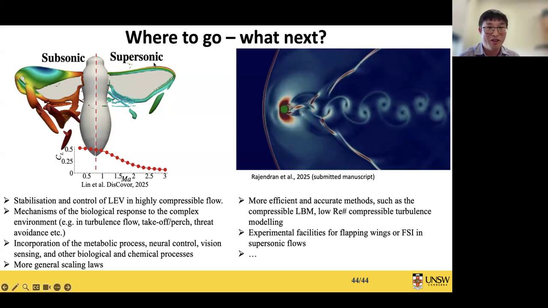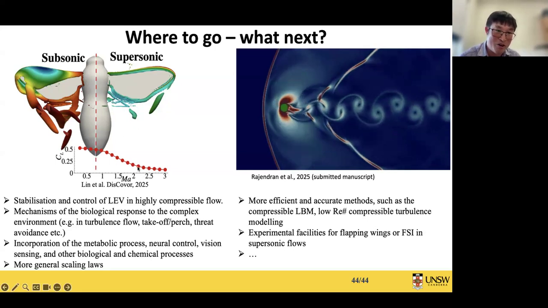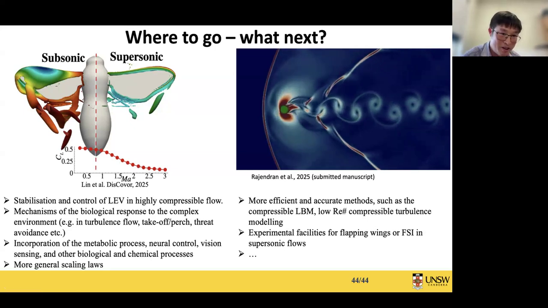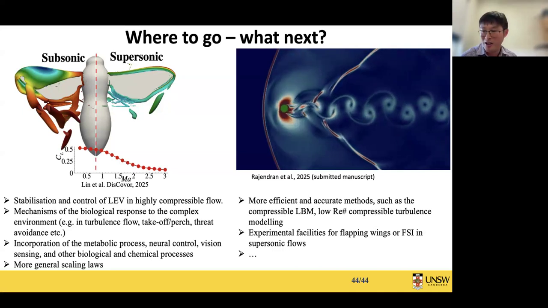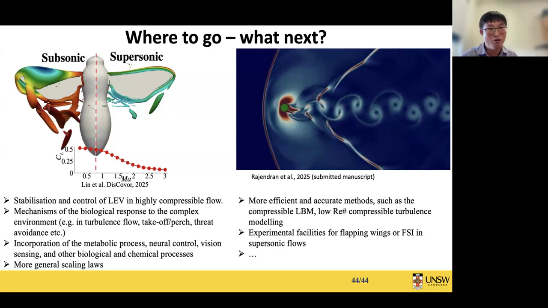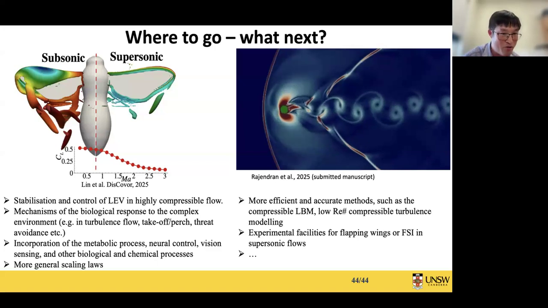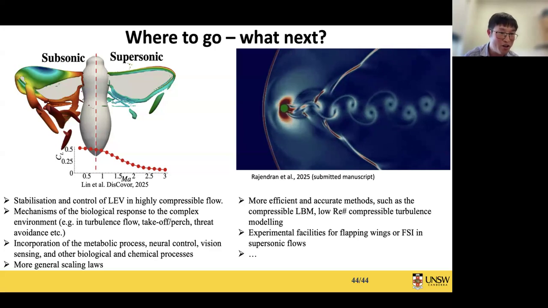In supersonic flow, you can see that the LEV almost disappeared, and therefore the lift coefficient CL is very small. This gives us some thought regarding how to control or stabilize the LEV in highly compressible flows. There's huge potential to increase lift generation.